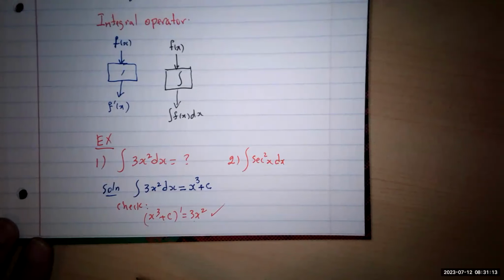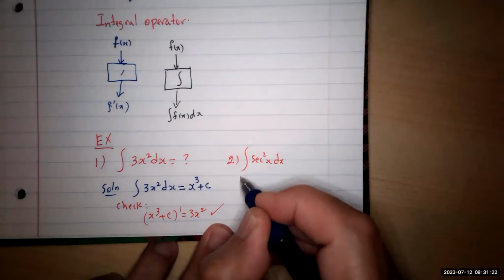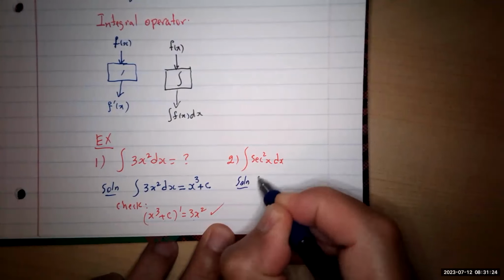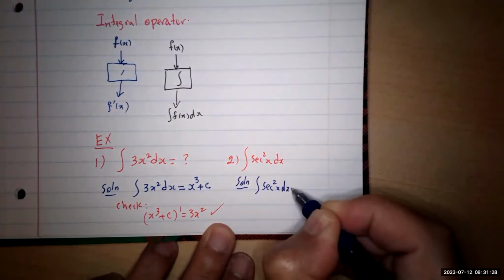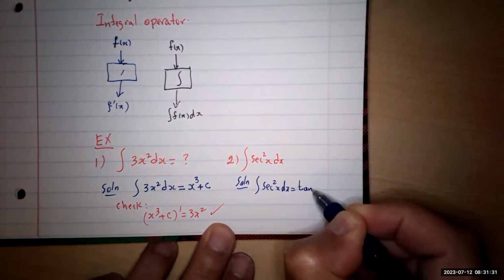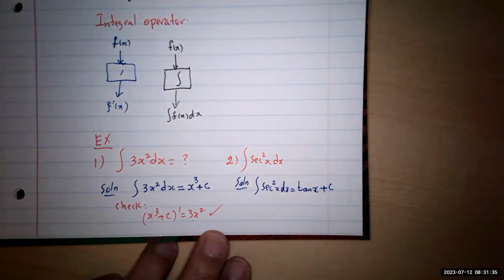Give us a function whose derivative is secant square. Tangent x. Excellent, tangent x, that's it. So the solution is simply that the integral of secant square of x dx is tangent x. But tangent x is one solution, so we add the constant c to give you all the solutions.